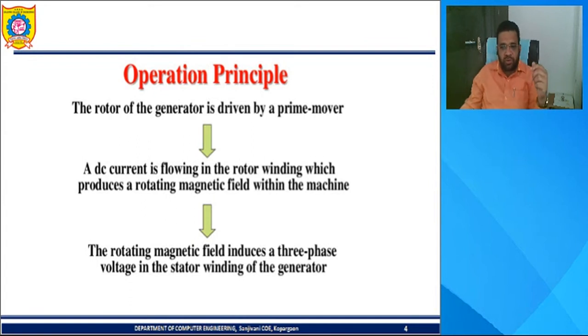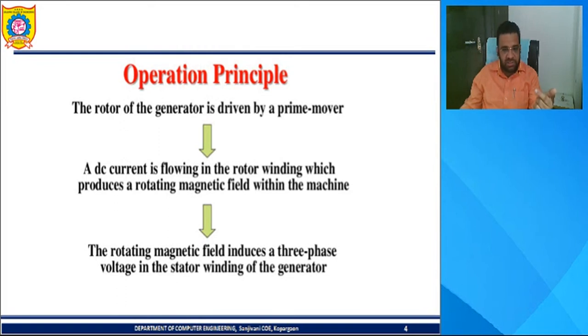When we consider a generator or motor, or you can say a machine, three things are important. The first is the magnetic field. The second is the conductor or coil or winding. And the third is the relative motion between these two.